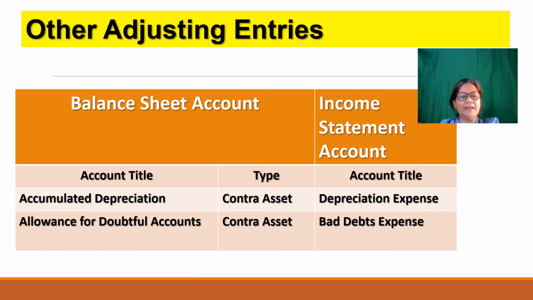This will be deducted from the respective asset, for example, accumulated depreciation will be deducted from the property, plant, and equipment. How about the allowance for doubtful accounts? This will be deducted from accounts receivable. So, in the property, plant, and equipment, the difference will be called net book value. And for the receivable, the difference will be the net realizable value.